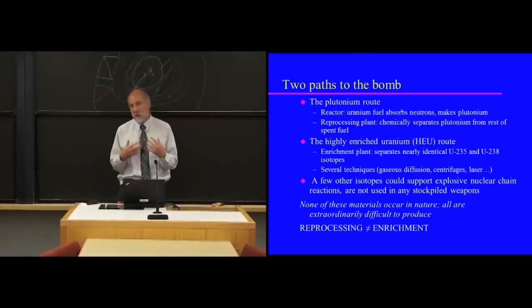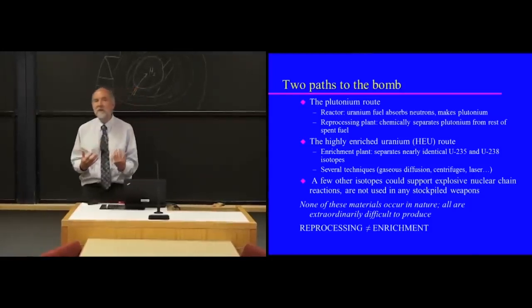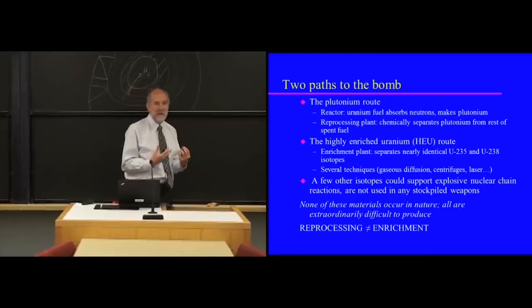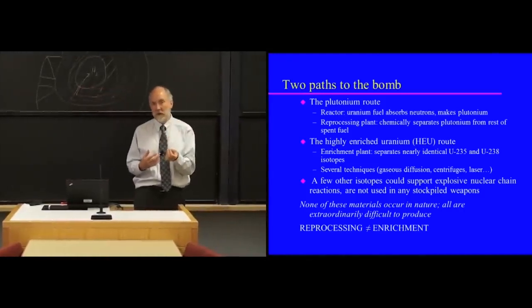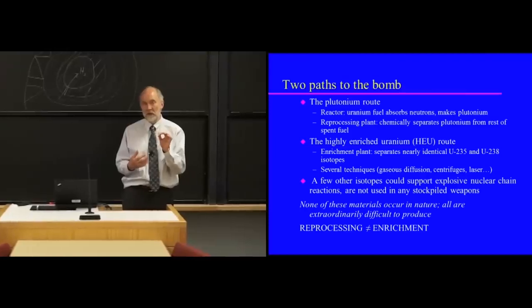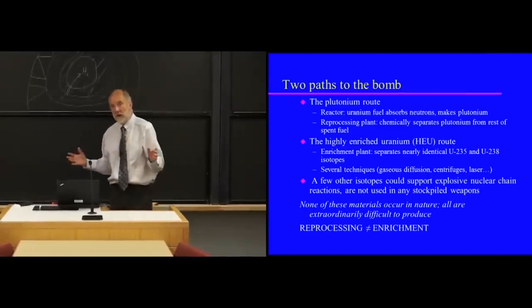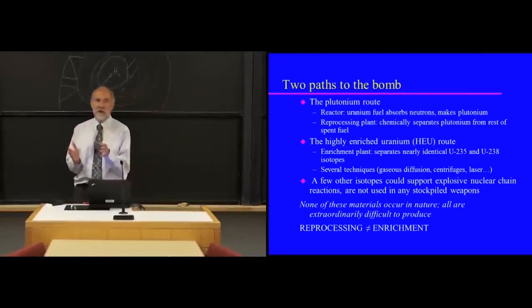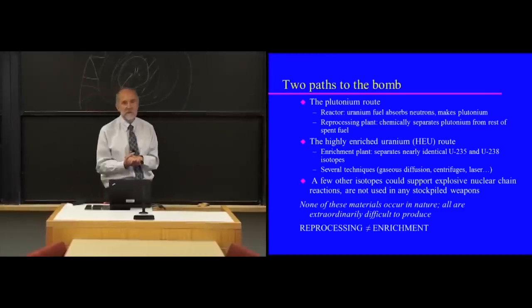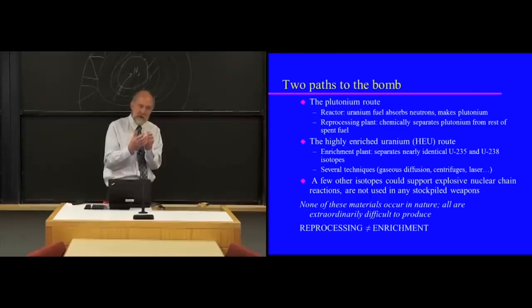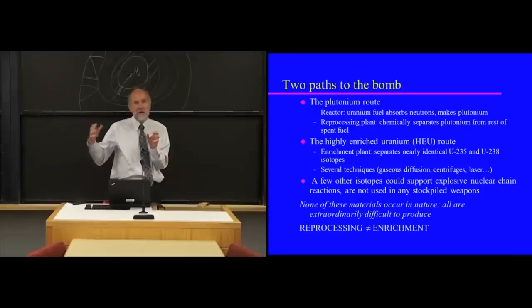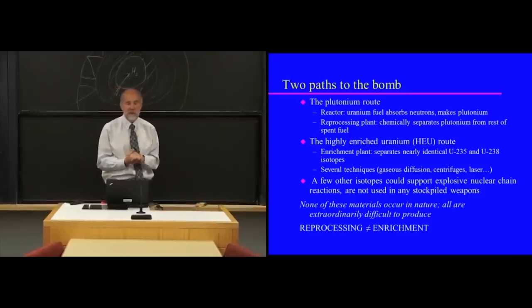So the uranium that you dig up out of the ground includes less than 1% of the uranium-235. It includes 0.7% uranium-235. All the rest, almost all the rest, is uranium-238. Okay? So how do I separate out the teeny amount of uranium-235 from that huge amount of uranium-238?